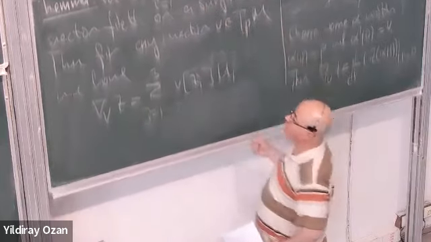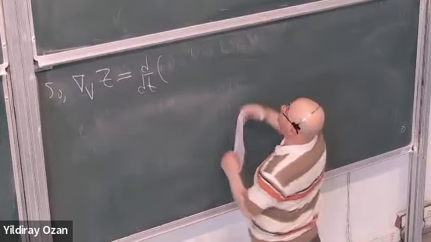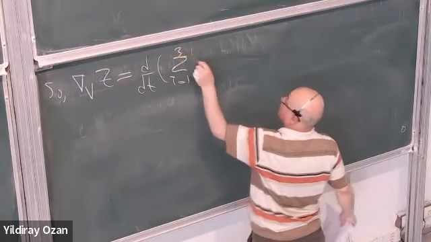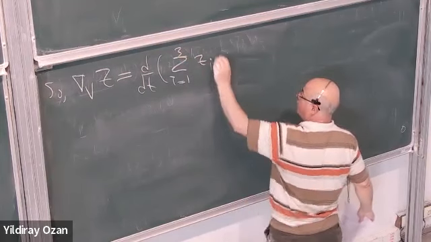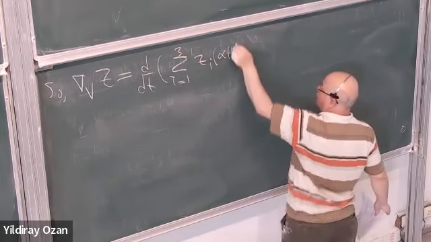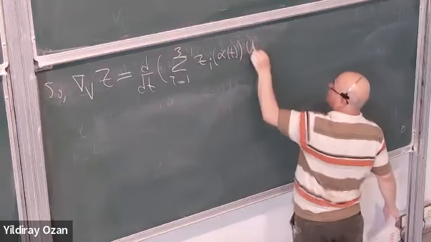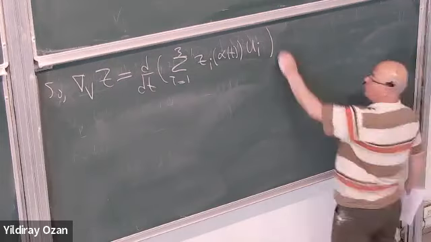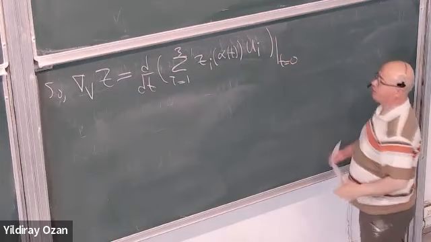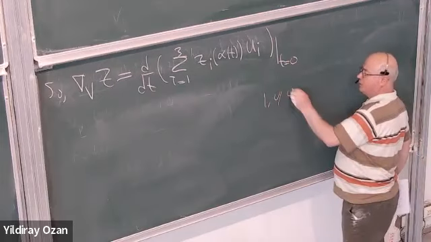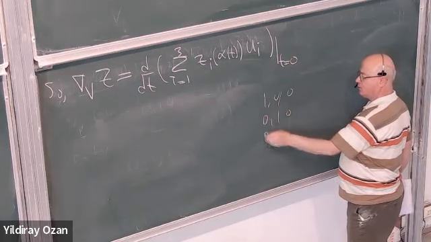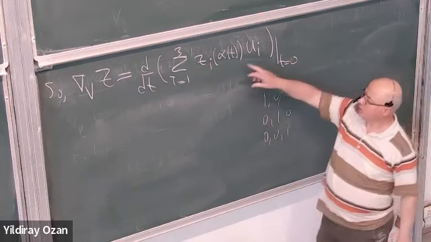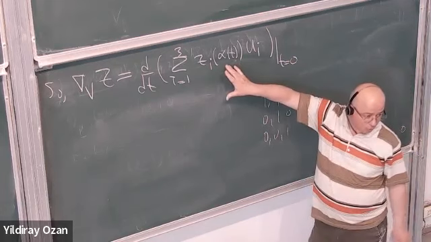So Z of alpha is just this, sum over i from 1 up to 3 of Zi, the function, and inside this function I put alpha(t), times the constant vector field Ui. These are the unit vector fields like (1,0,0), (0,1,0), and (0,0,1), U1, U2, U3. The variable part is this coefficient function.